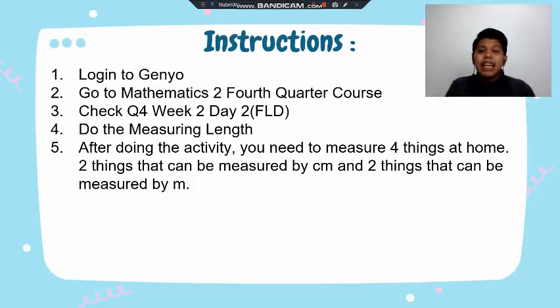Again, remember, not all objects can be measured using centimeters. There is an appropriate unit for that. And you need to measure two things that we will be measuring using meters. So that is equal to four objects.